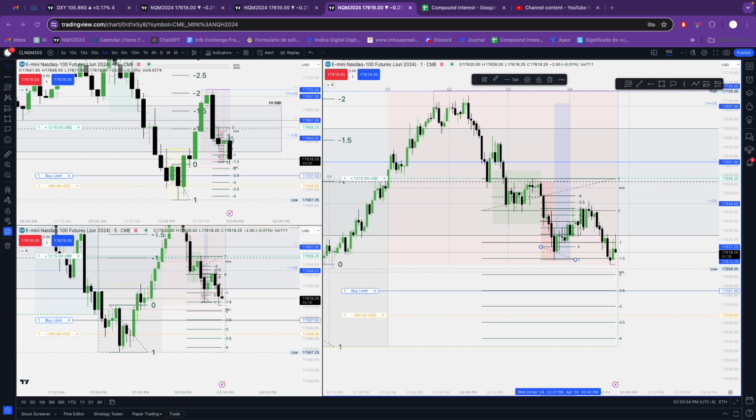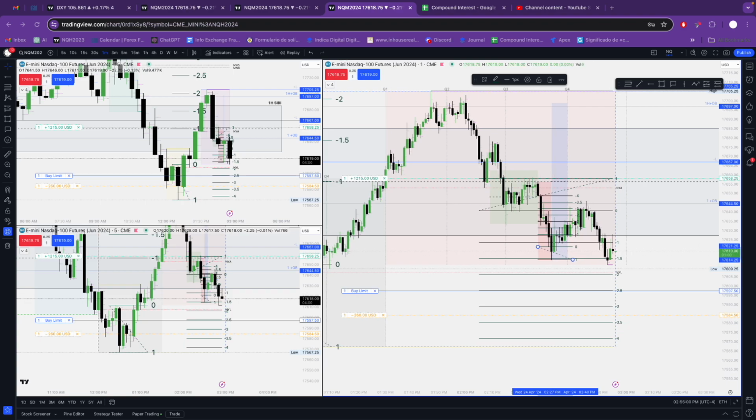OTE retracement, high time frame plus low time frame, OB projection, 2.5, 618.